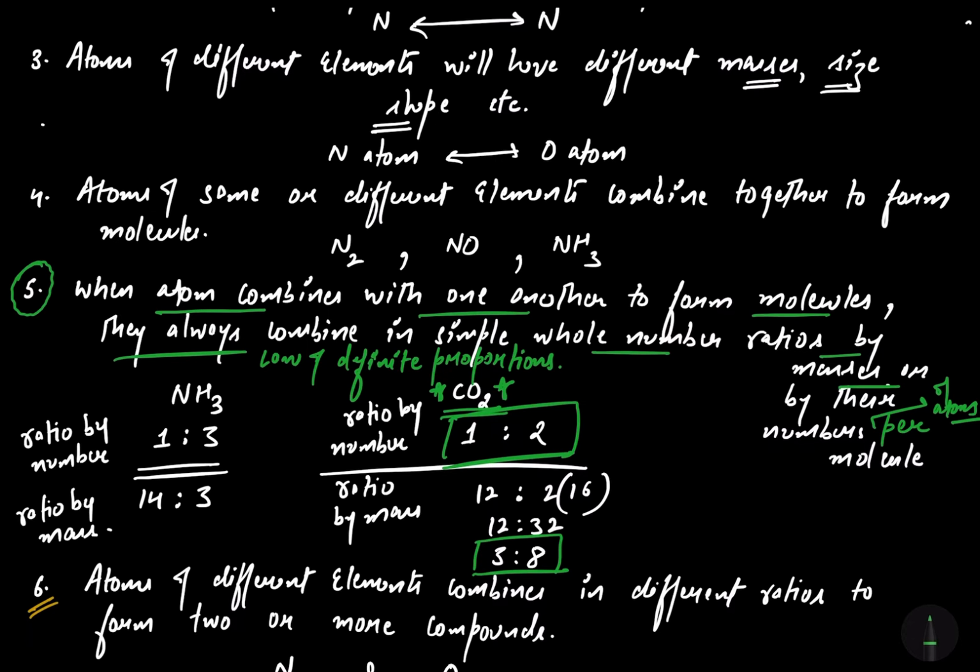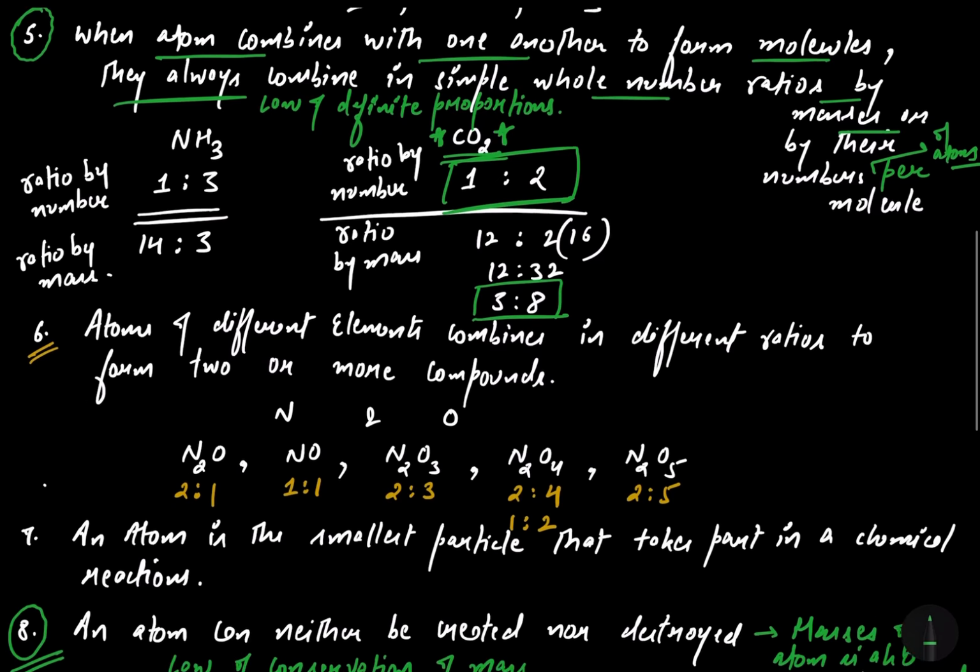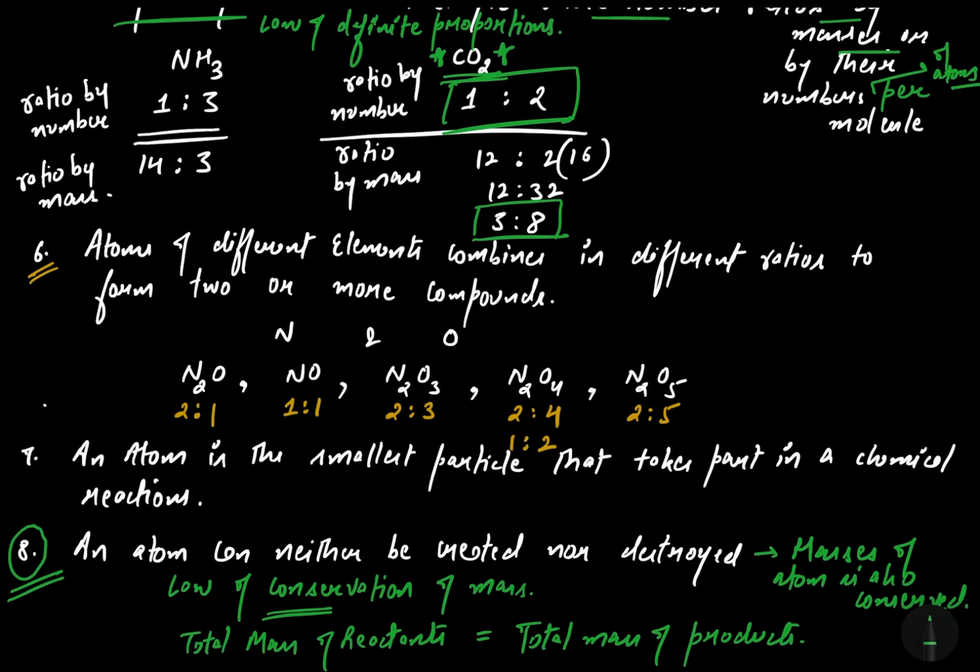Now comes the law of multiple proportions. That's the sixth point. The law of multiple proportions states that when two or more elements combine to form two or more compounds, the ratio of masses of one element combining with a fixed weight of another element is a simple whole number.